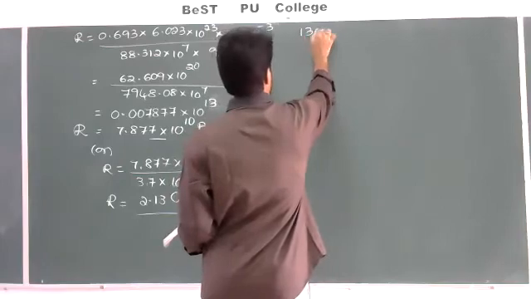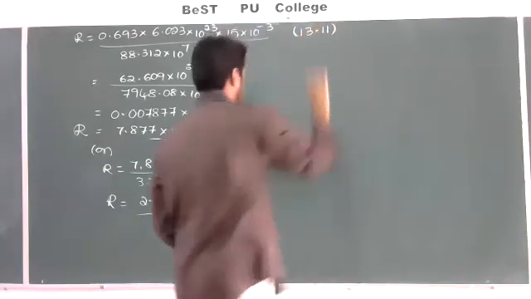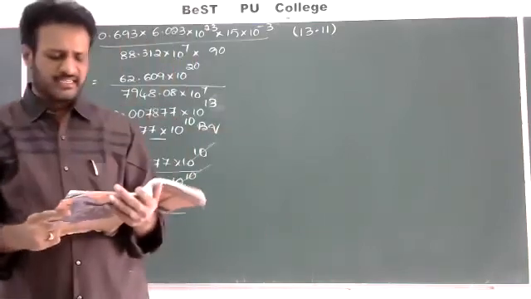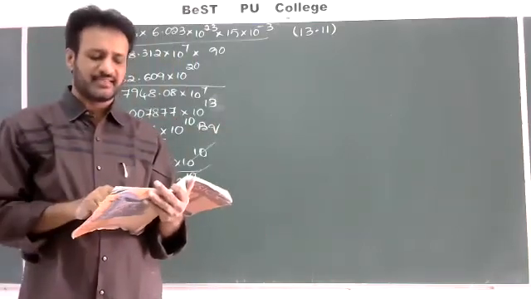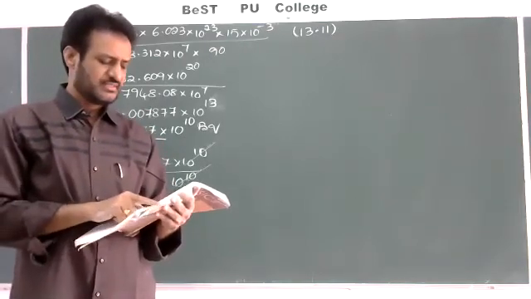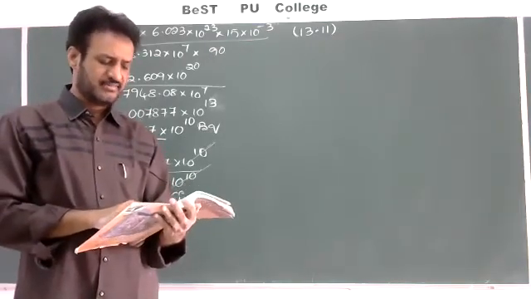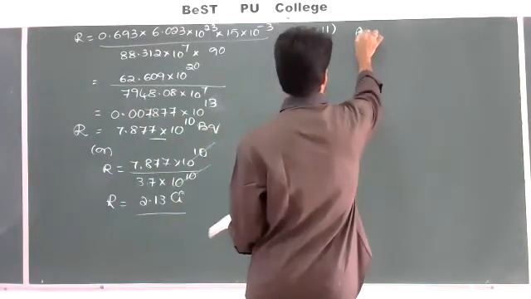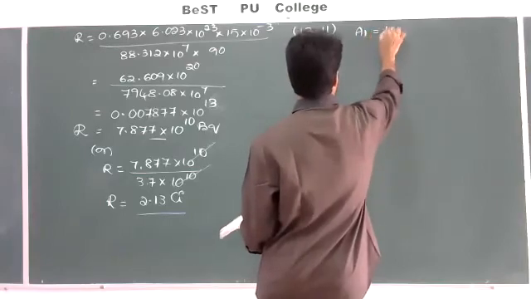13.11. 11th problem. Obtain approximately the ratio of the nuclear radii of the gold isotope. They have given Au, atomic number 79, mass number 197. So for gold, the mass number A1 is equal to 197.